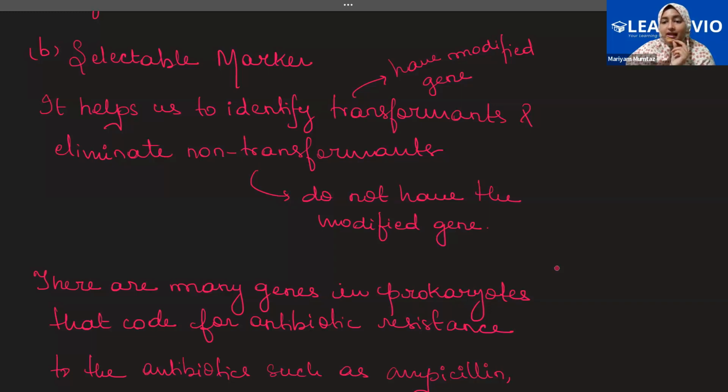Meaning the selectable marker, you people understand any marker. See, for example, if you have hundreds of papers. 100 papers are there, and each of those papers has different information written. So you have made 10 piles.